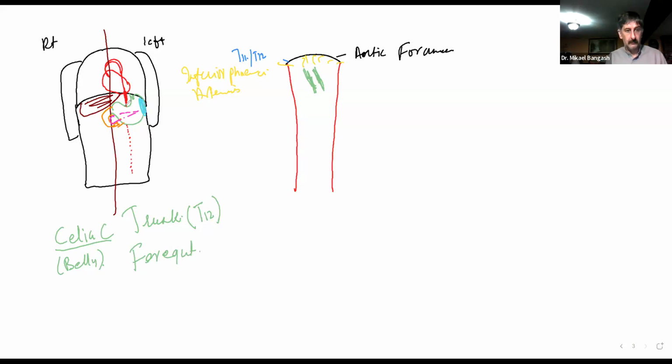So your stomach, the duodenum, well, just the first two-thirds of the duodenum, your pancreas, your liver. And yes, although the spleen is not part of your alimentary canal, it still receives blood from your celiac trunk. So you can say foregut plus, let's say, spleen.